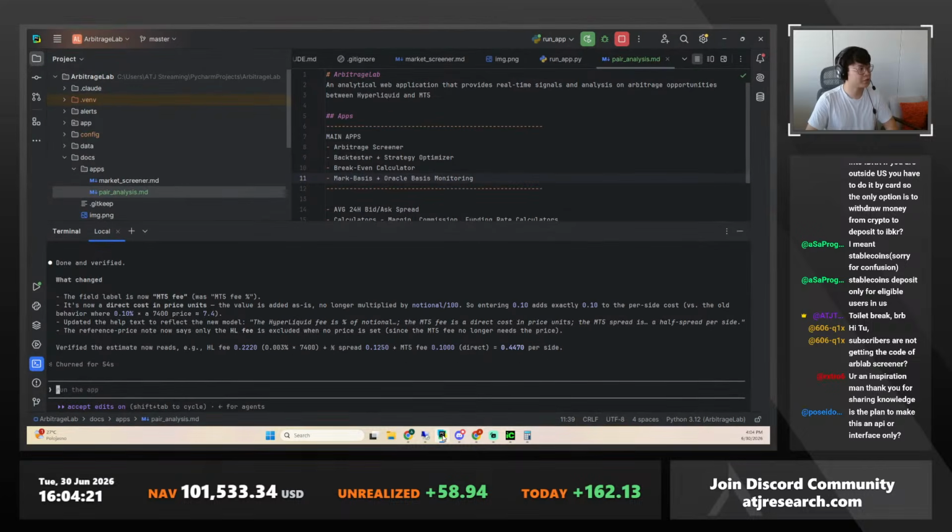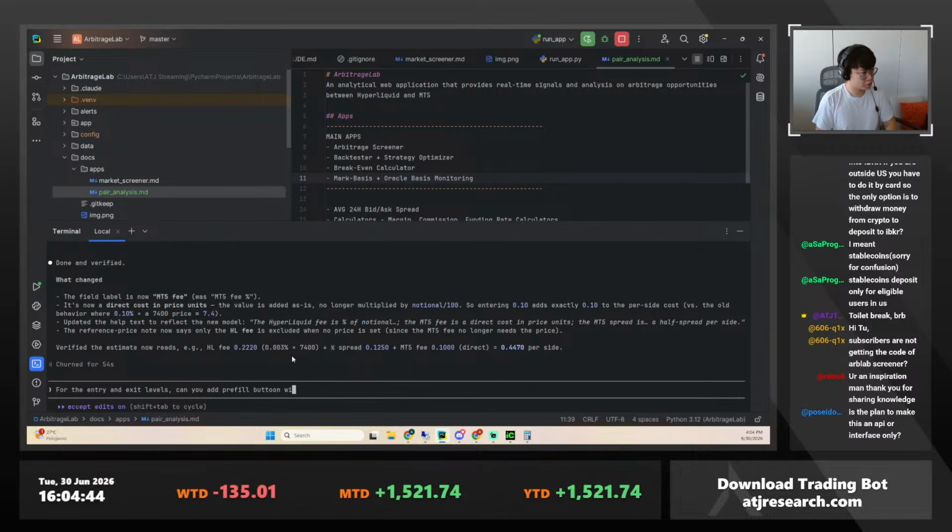So I think for a backtester, for the entry and exit levels, can you add a pre-fill button with 2 choices?